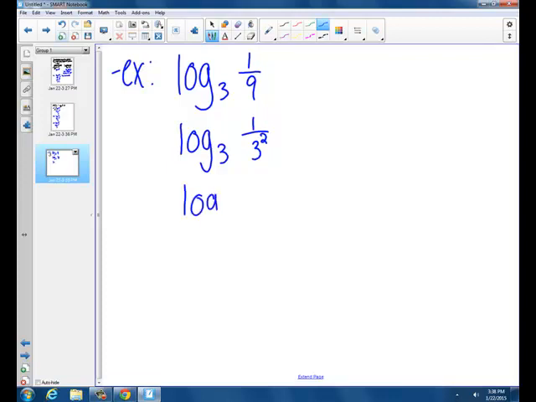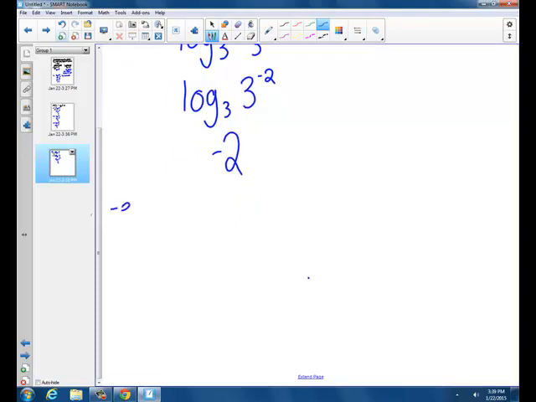Now, I know that I can move that 3 to the 2nd power up into the numerator and make the exponent a negative 2. So now my answer is just negative 2. You might need to use a little bit of your exponent rules there.